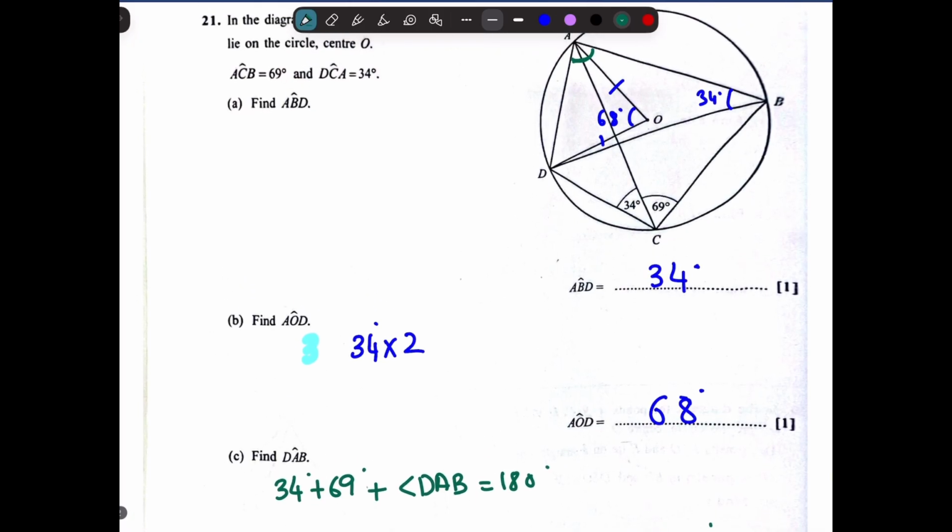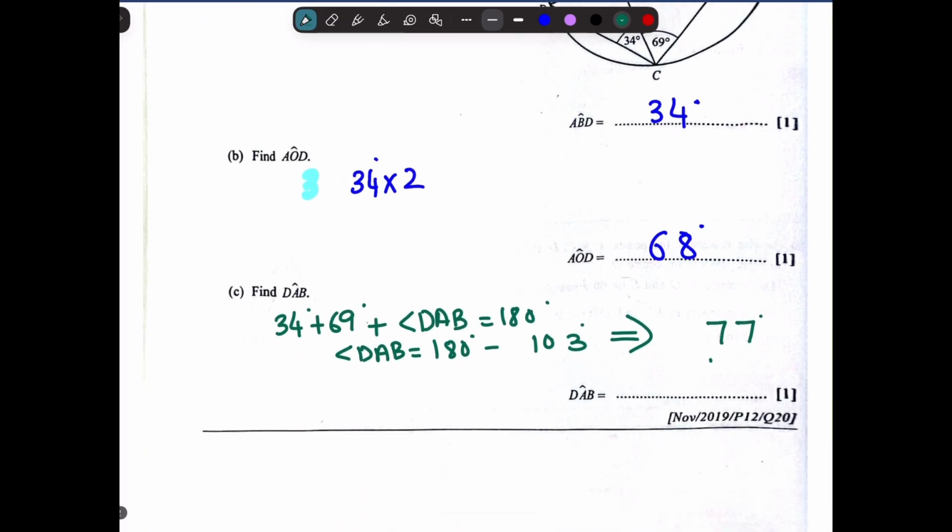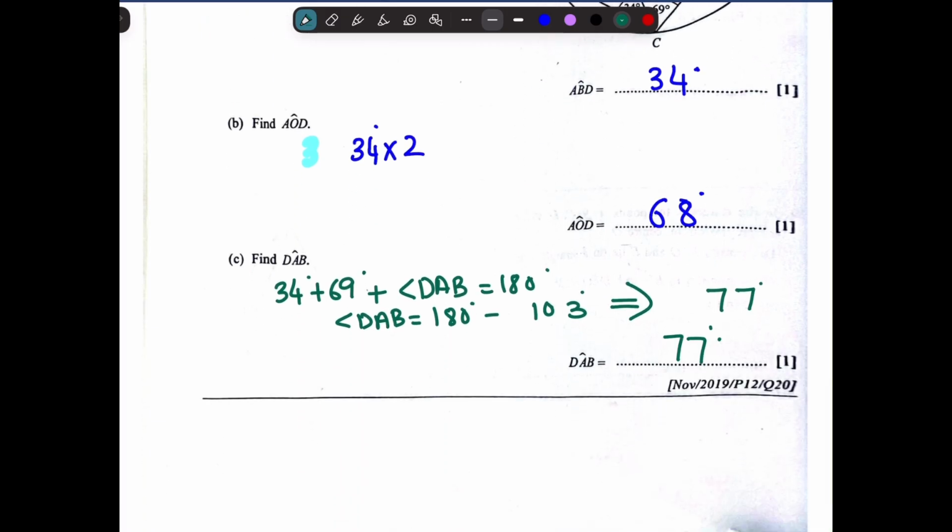Because the opposite interior angles of a cyclic quadrilateral add up to 180. So angle DAB is equal to 180 minus 103, which gives DAB to be 77 degrees. So DAB is 77 degrees.